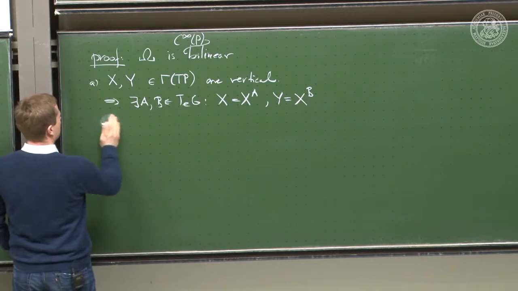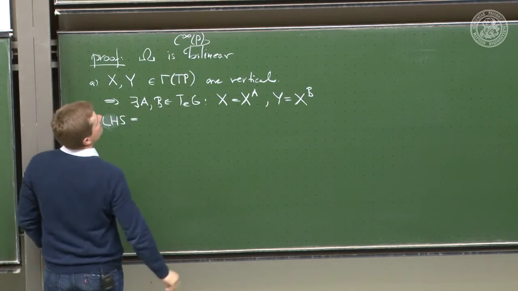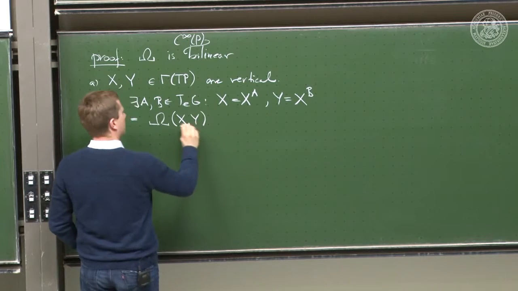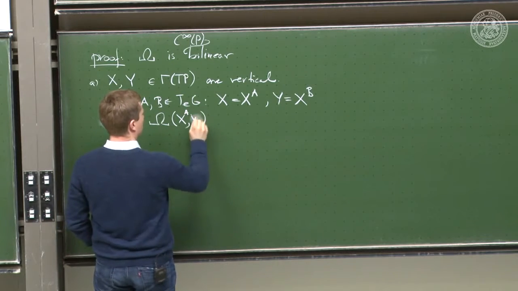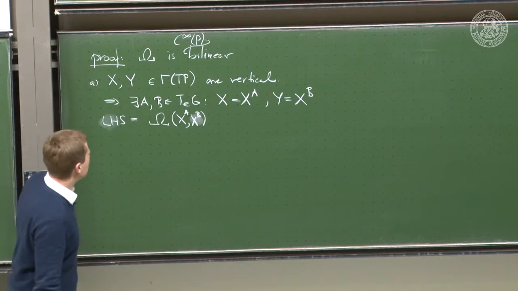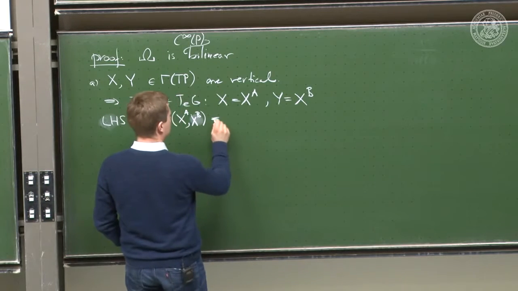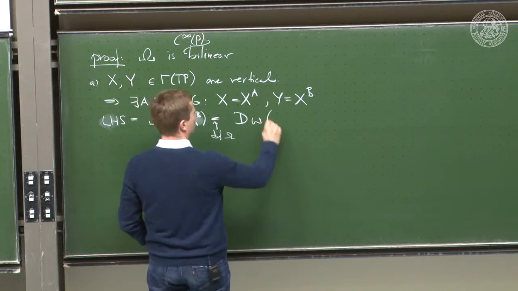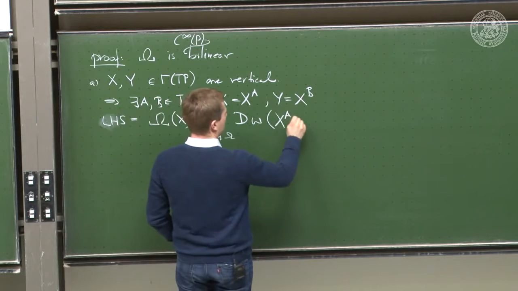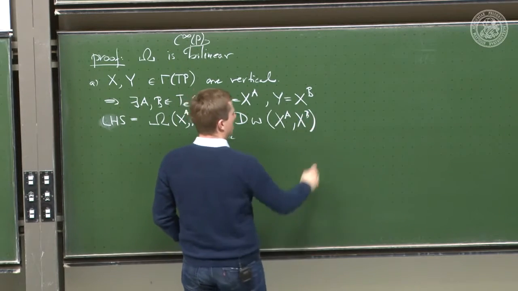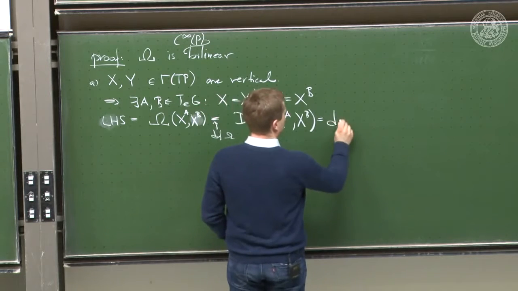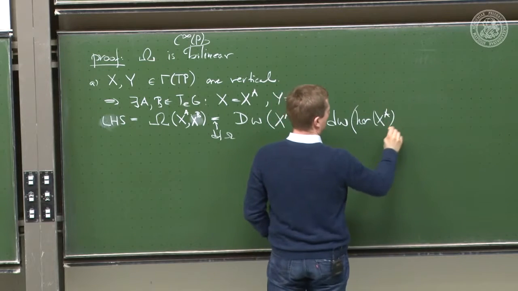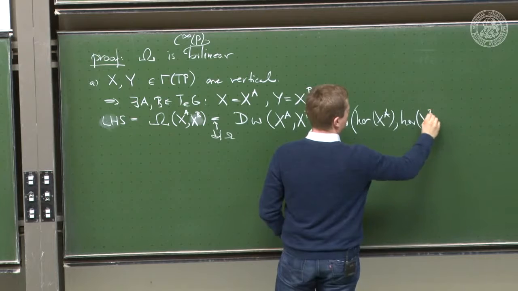So the left-hand side of the equation, if you plug in the vectors X, Y, is just capital Omega of X_A, X_B. By the definition of capital Omega, this is the covariant exterior derivative of the connection 1-form, hor X_A, hor X_B.